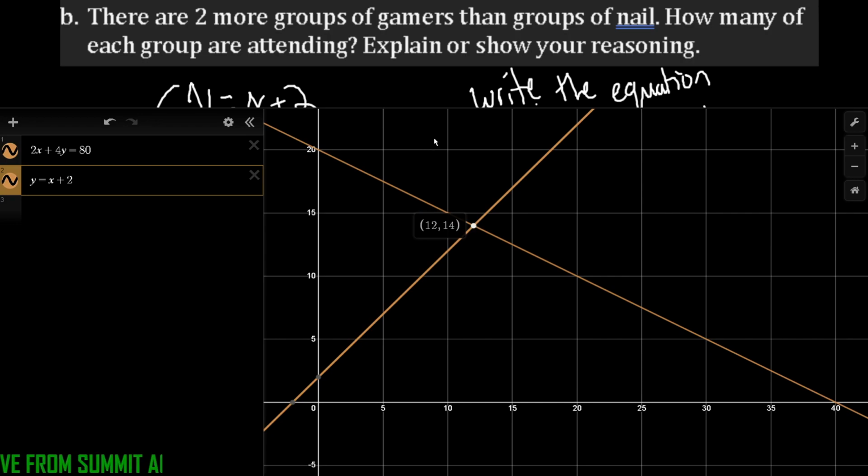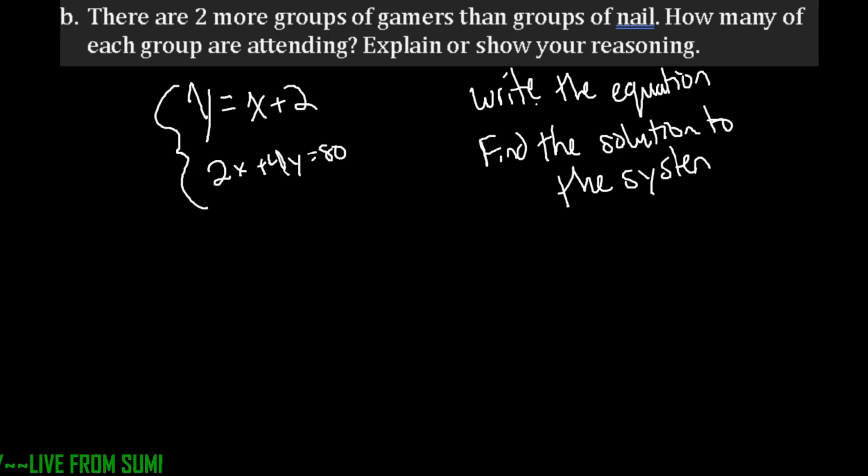We're going to say 12 and 14. And so what does that mean for our situation? So let me hide this again, and let's write the solution point. We said our solution was the point 12, 14, but we need to explain or show what we're saying.